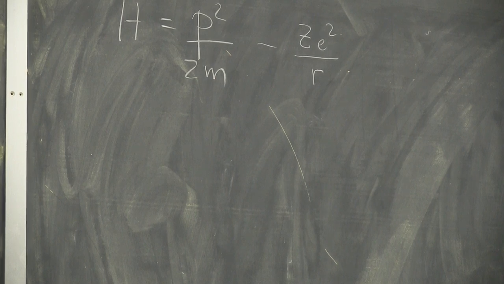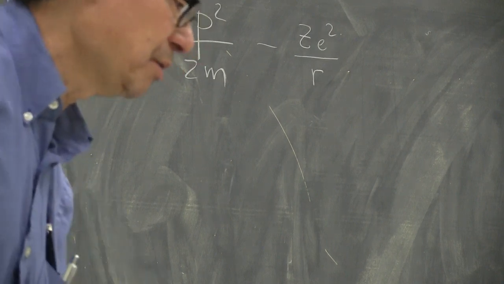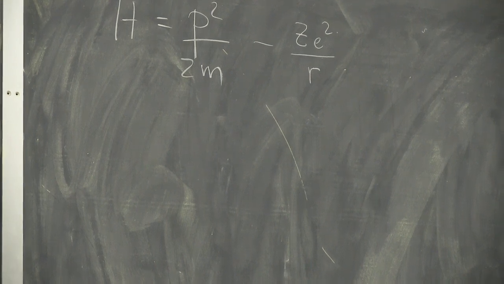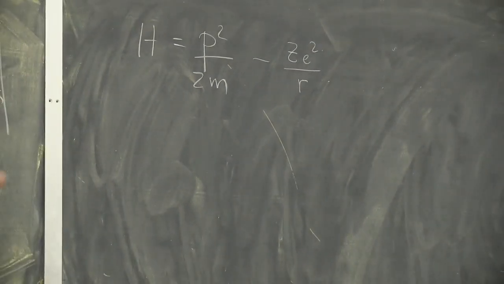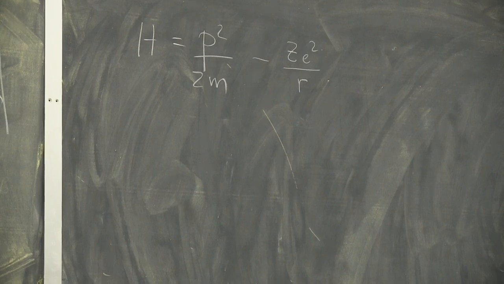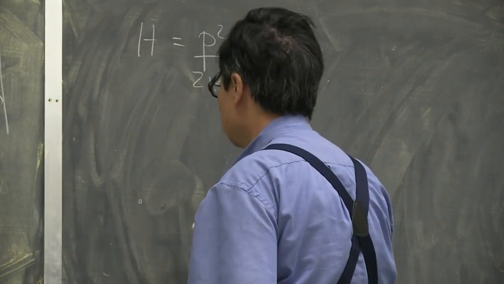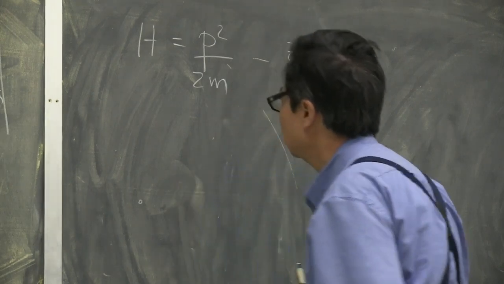Strictly speaking. But you already know from classical mechanics that two-body problems can be reduced to a one-body problem by factoring out the motion of the center of mass. And so this is basically the motion relative to the center of mass of the electron of the hydrogen problem. So you have a nucleus here, and you have the electron here.